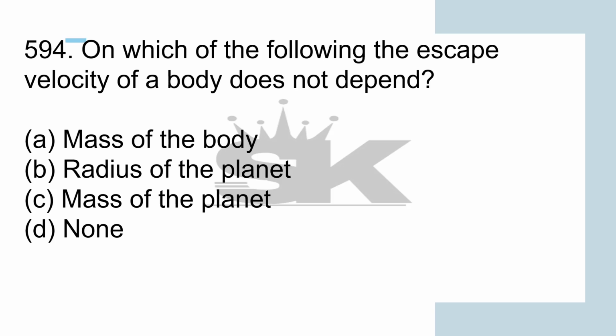On which of the following does the escape velocity of a body not depend? The answer is mass of the body. Escape velocity does not depend on the mass of the body as well as the direction of projection of the body. It only depends on the mass and the radius of the planet or Earth from where the body is to be projected. Okay.